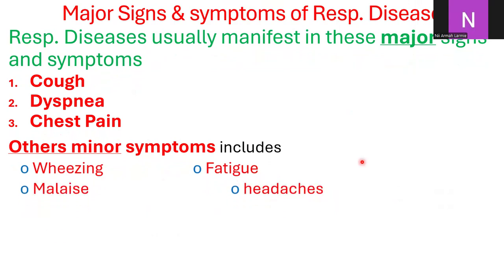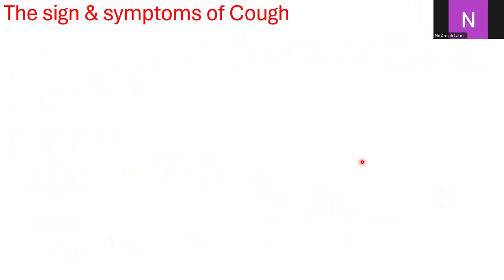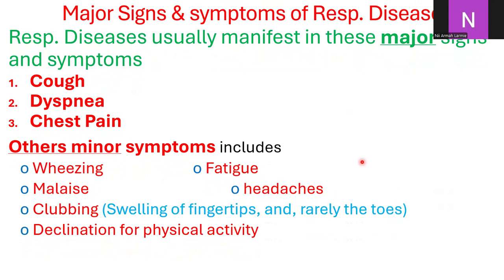Then dyspnea, and then pain in the chest. There can also be other symptoms like wheezing, fatigue, malaise, headaches, clubbing, and inability to engage in physical activity.